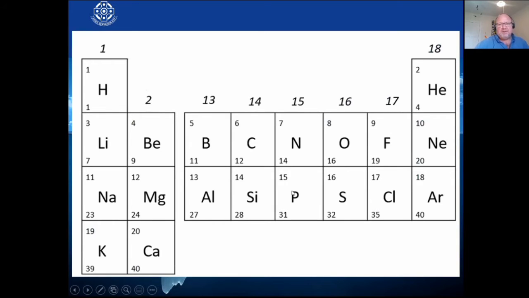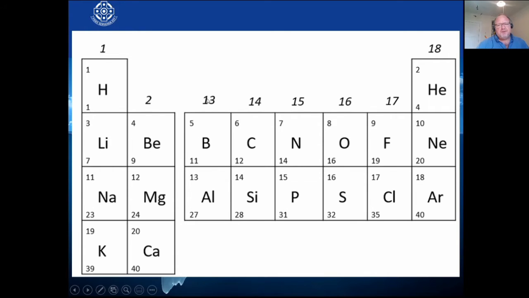So when we look at the periodic table, remember, this is a shortened version. When we have group 1, how many electrons in the valence shell? We call them valence electrons. Group 1, they all have 1 in the valence shell. Group 2, they have 2 in the valence shell.